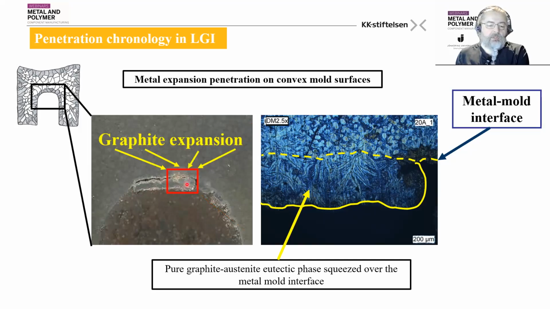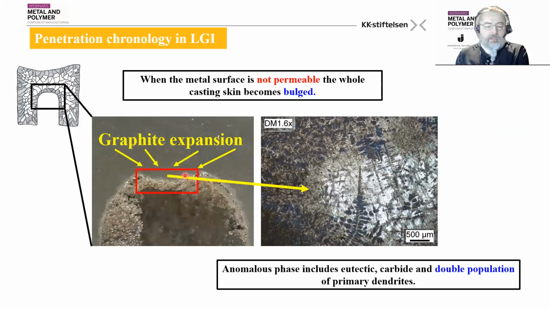And the driving force is the graphite expansion, of course. We have another interesting case, which you may have seen in your foundries: when the metal surface, the casting skin, is not permeable due to metallurgical conditions, you have an early formed casting skin, then the graphite expansion can no longer squeeze the liquid metal through this skin.